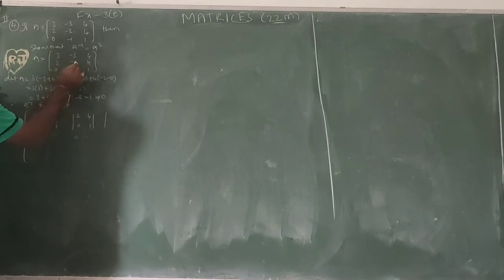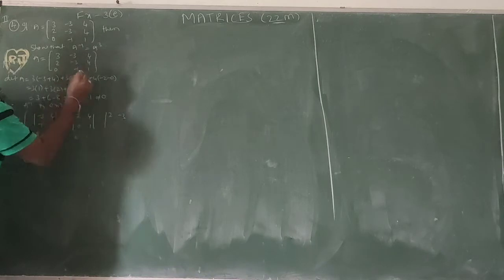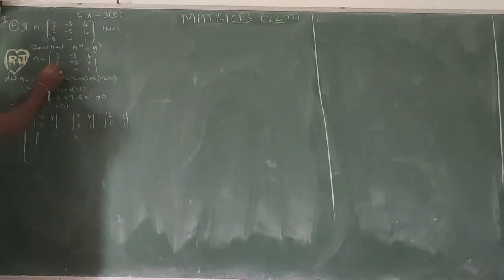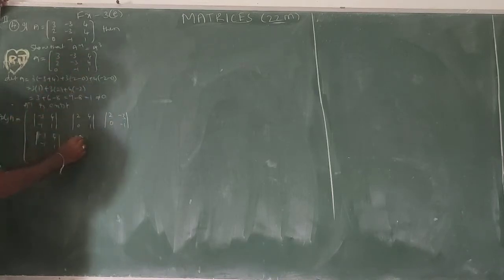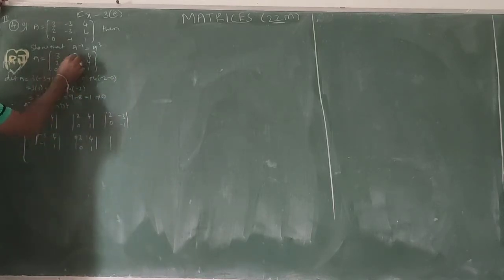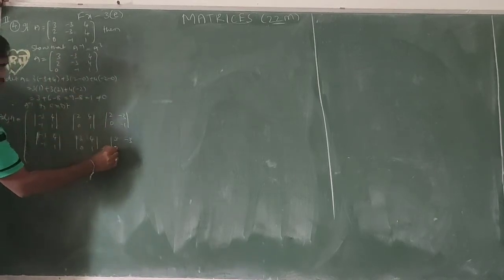Next, this element, leave this row, this column: 2, -3, 0, -1. Next, for this element, leave this row, this column: -3, 4, -1, 1. Next, for this element: 3, 4, 0, 1. Next, for this element: 3, -3, 0, -1.